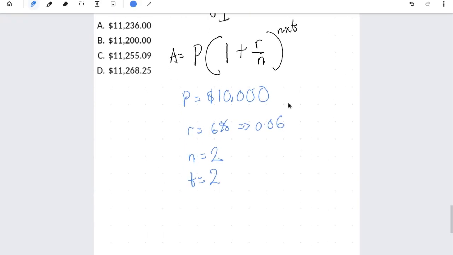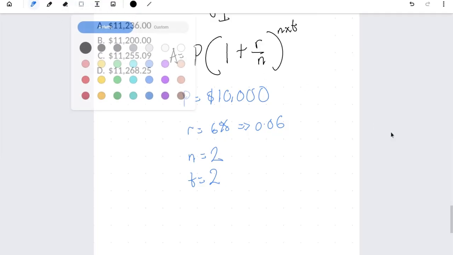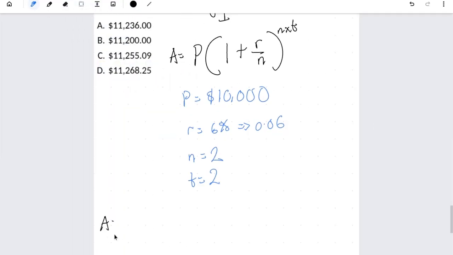Let's come back here. So A is going to be, what's our P? We've said P is 10,000. So 10,000 bracket 1 plus, what's the rate? What's the R? 0.06 over, what's the N? It's 2, to the power of 2 times 2.